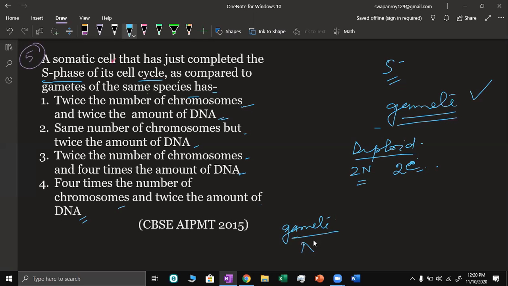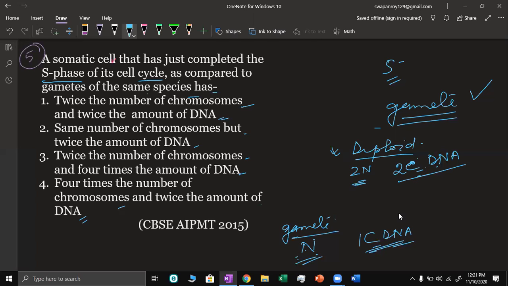It has one set of chromosomes, and 1c amount of DNA. So in the normal case, the number of chromosomes in a diploid cell is double compared to the gamete, and the amount of DNA is also double compared to the gamete.